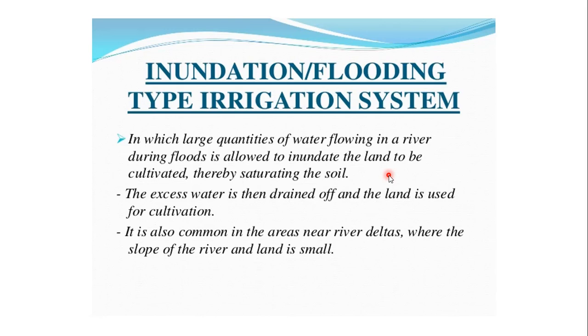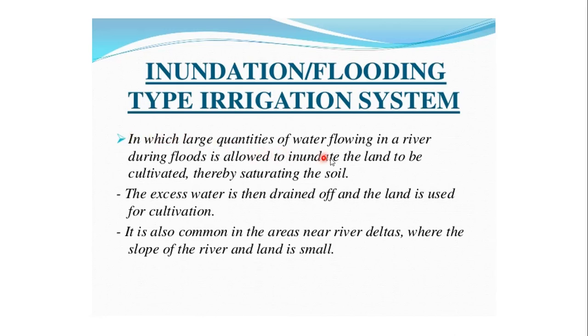So that becomes a canal, and that canal is called an inundation canal or flooding type of irrigation system. Okay, so simple and easy. We are not constructing anything. Just due to overflow during rainy season, it flows in its own direction. That is called inundation.